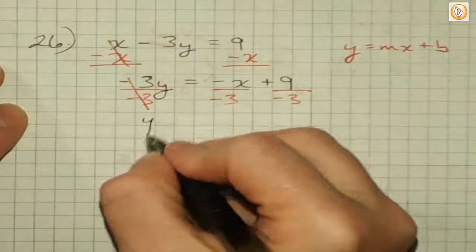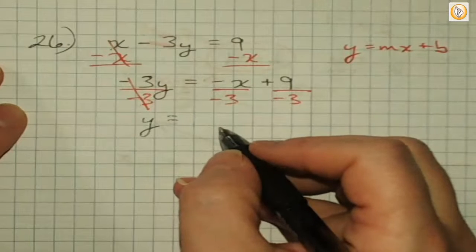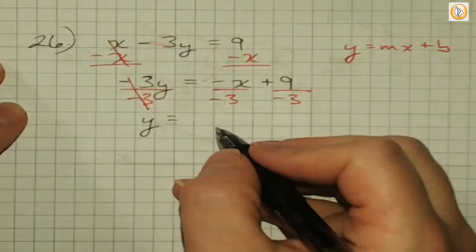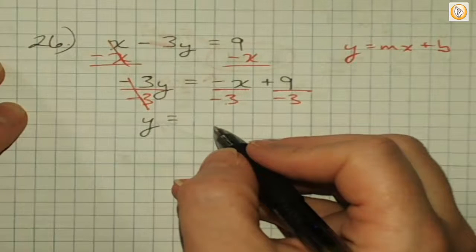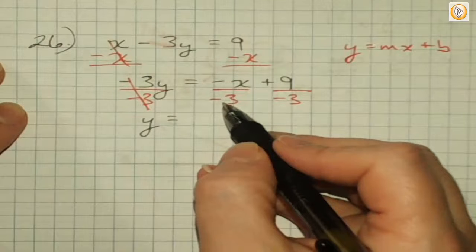Okay, which gets you y equals, I want to see if Talia can figure this out. Okay, y equals negative x over negative 3. Negative x over negative is positive.